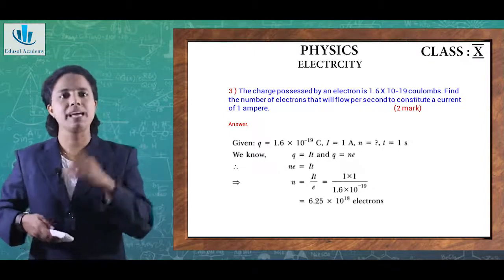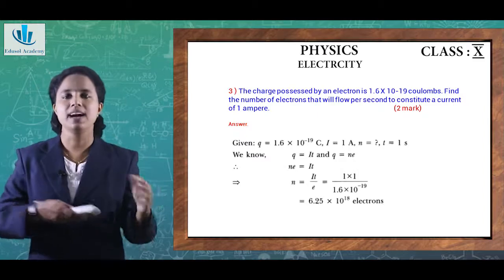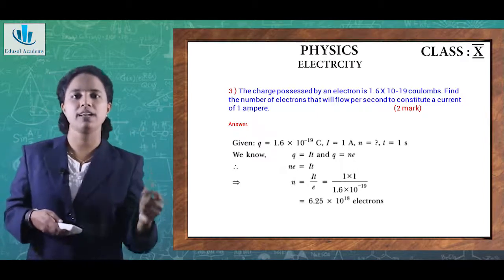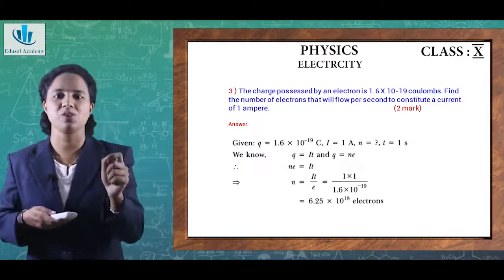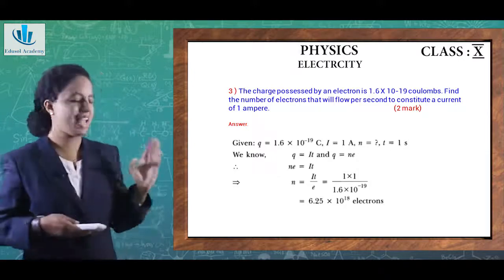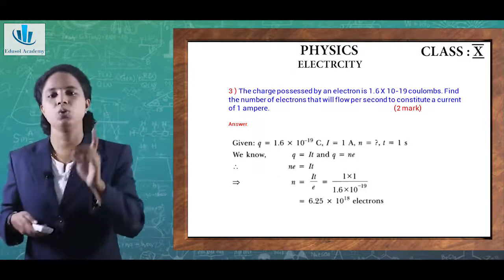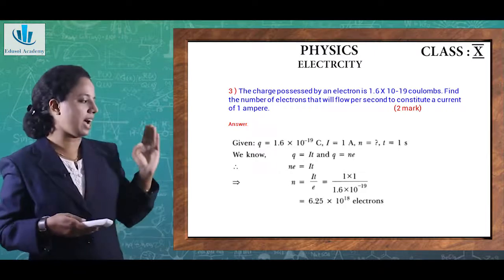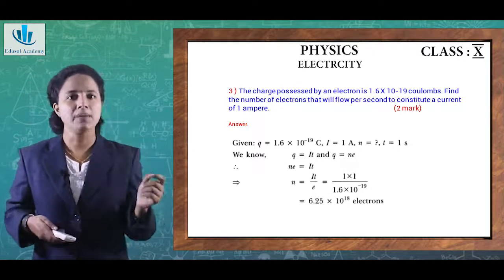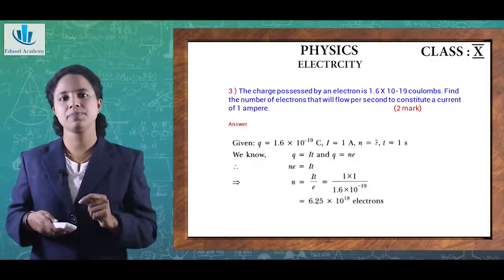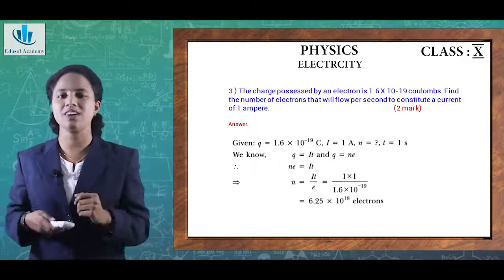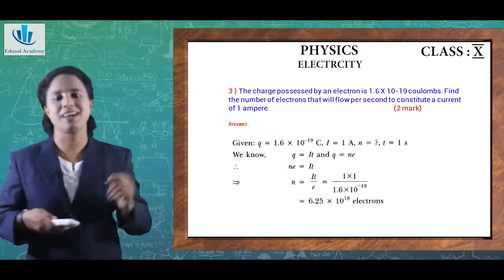We take such a comparison because we are given current as well as the charge possessed by an electron. So from the given quantities, you want to find the unknown quantity, that is the number of electrons represented by N. So by equating both equations, NE equals IT, you will get N equals IT by E. We have the time as 1 second, I is 1 ampere and the charge of an electron is 1.6 into 10 raised to minus 19.